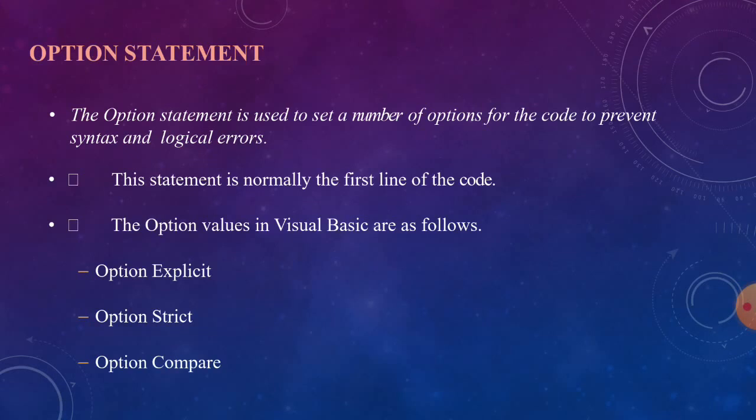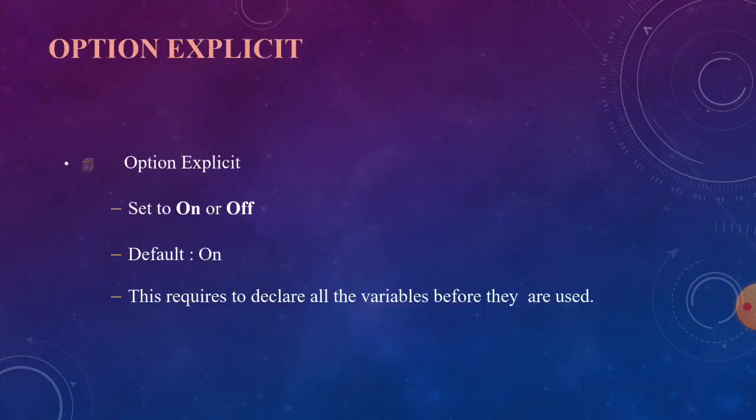So the option values in VB are as follows. Generally when you are writing a VB program, we write Option Explicit, Option Strict, or Option Compare. These are the three options available in Visual Basic. First we will see Option Explicit. Option Explicit can be set to On or Off. When it is On, it requires you to declare variables before they are used.